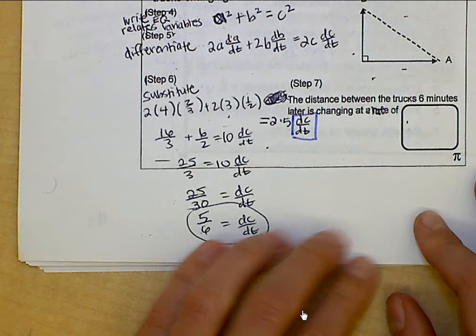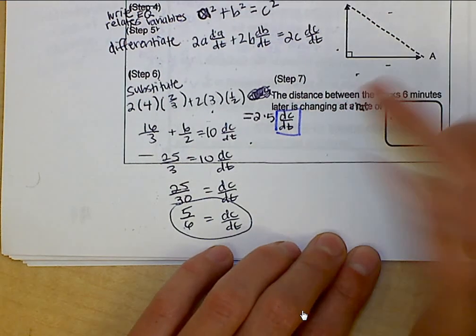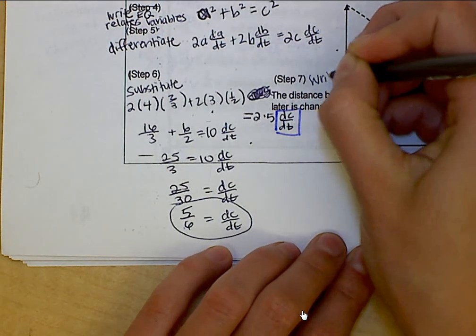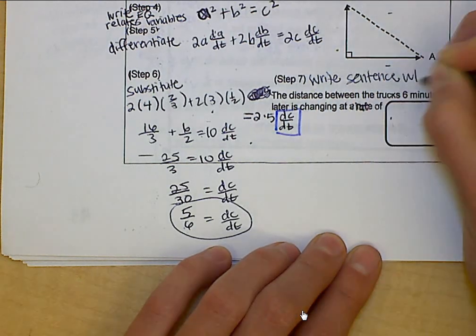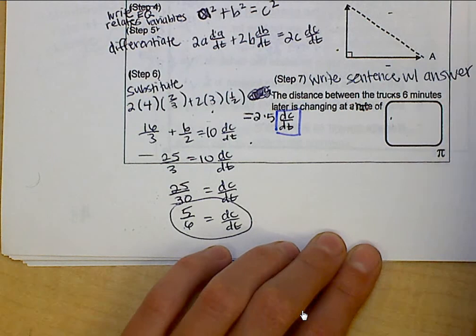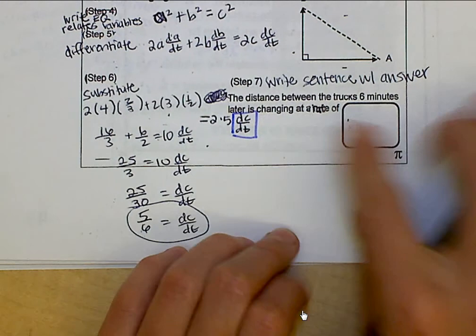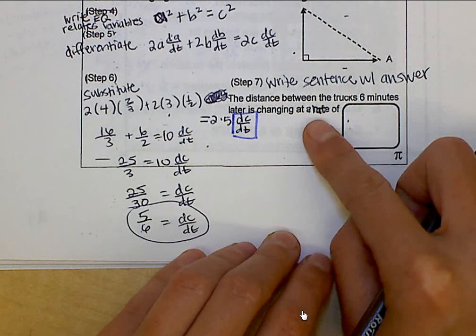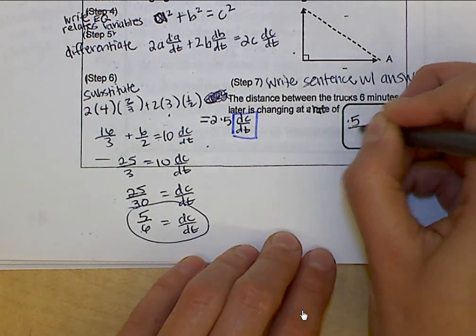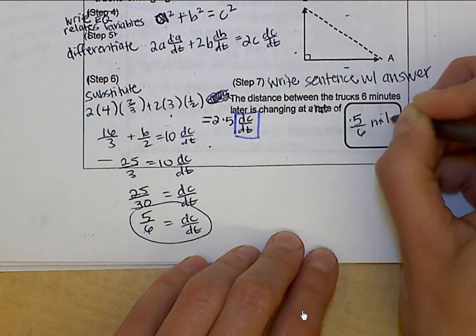So the last step is to write the sentence with the answer. So that would be, the distance between the trucks 6 minutes later is changing at a rate of 5/6 miles per minute.